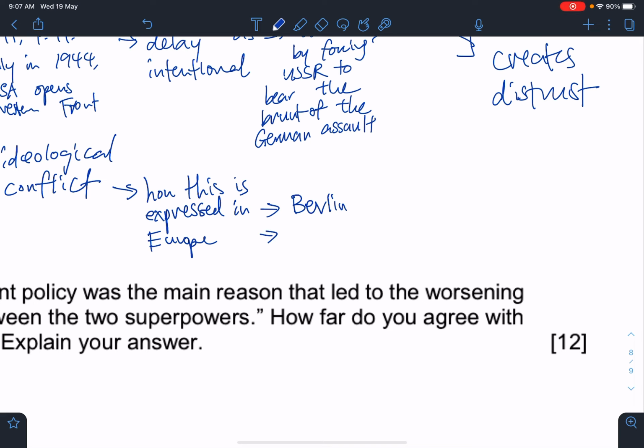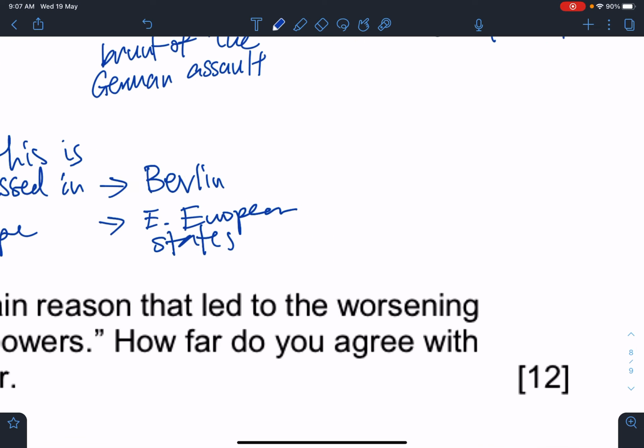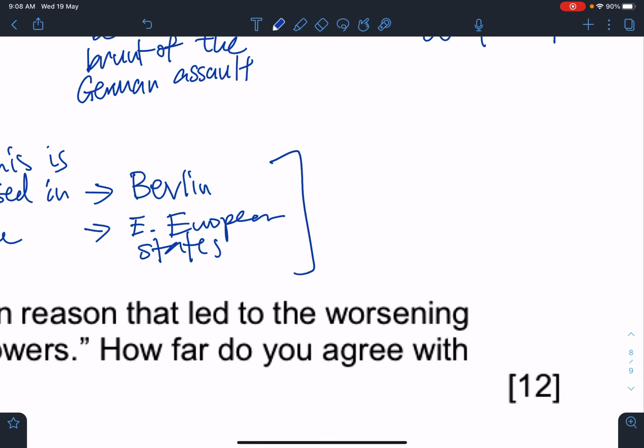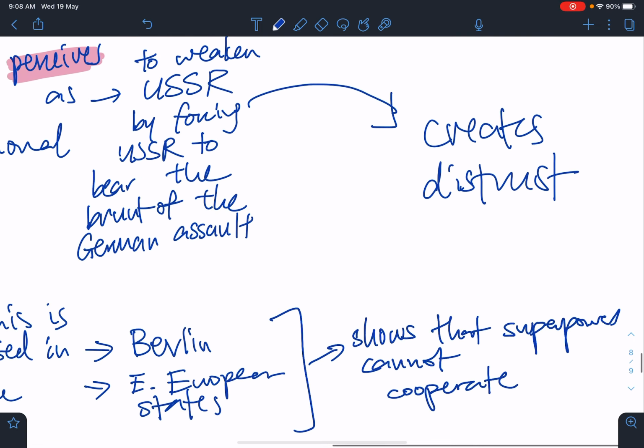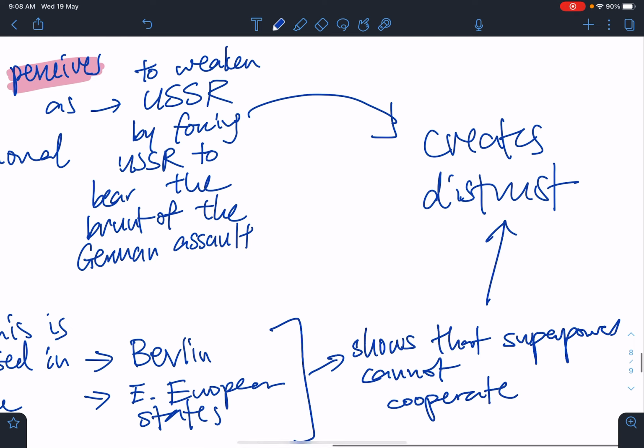You want to talk about the Eastern European states, I also can accept that. As long as you discuss anything that was at Yalta and Potsdam, that's fine. And what is the point of this? This shows that the superpowers cannot cooperate. And when you do this, then it will create distrust.